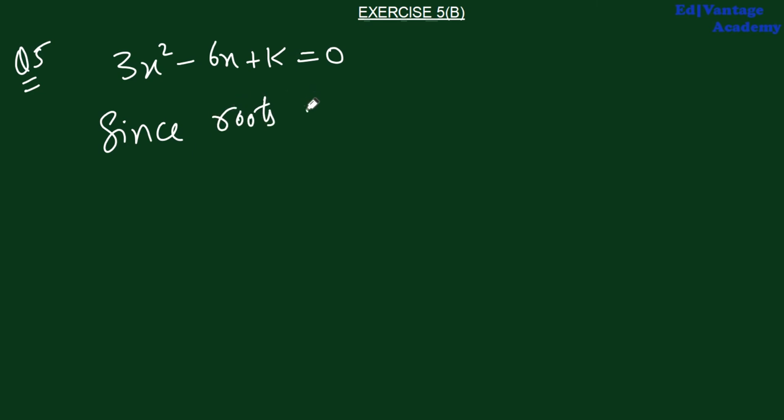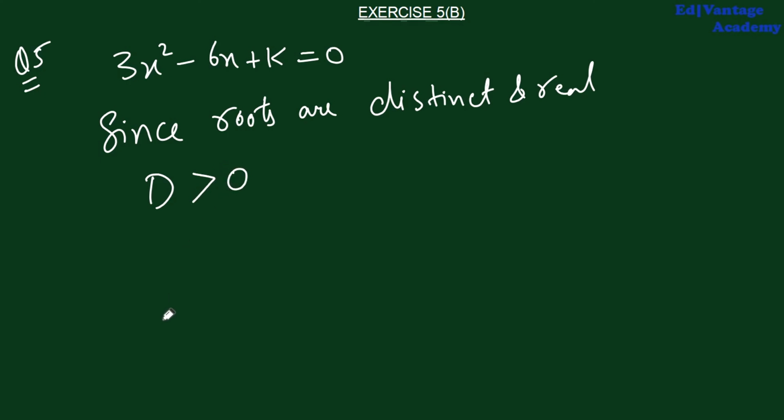Since roots are unequal, that is called distinct, and real. Therefore, what is d? When roots are real and unequal, d is greater than 0. So for this question, d is greater than 0. That means b square minus 4ac is greater than 0.